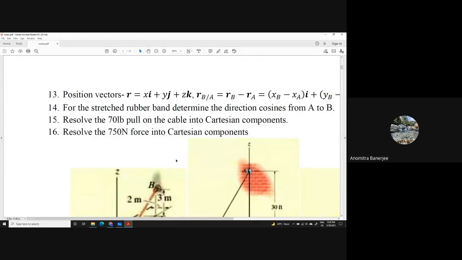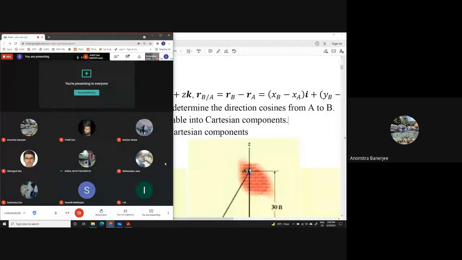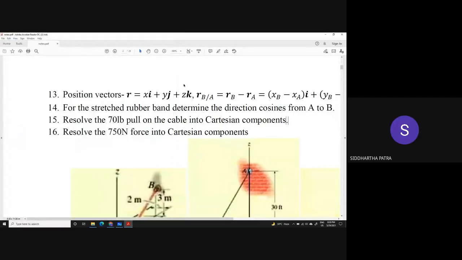Sir, can you show the figure once? Which figure? Oh, okay. Sorry.